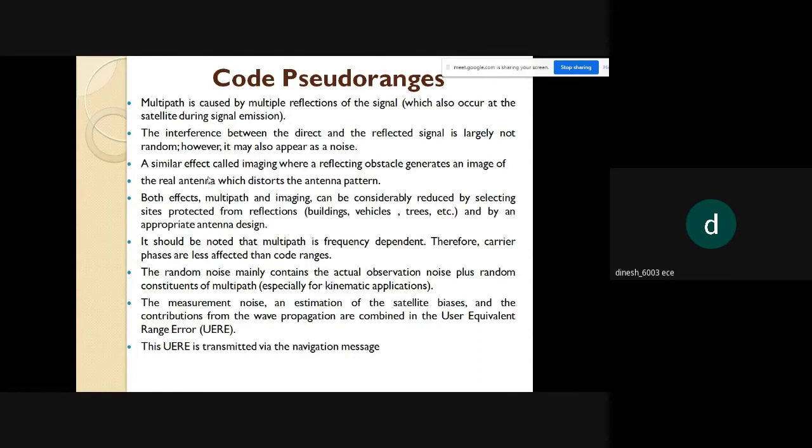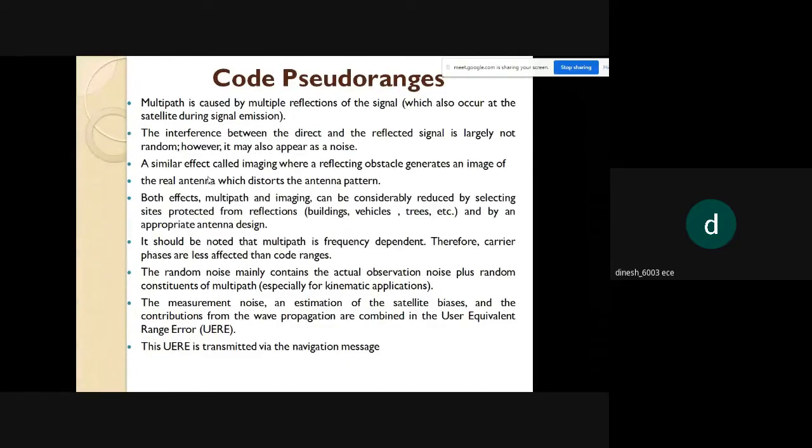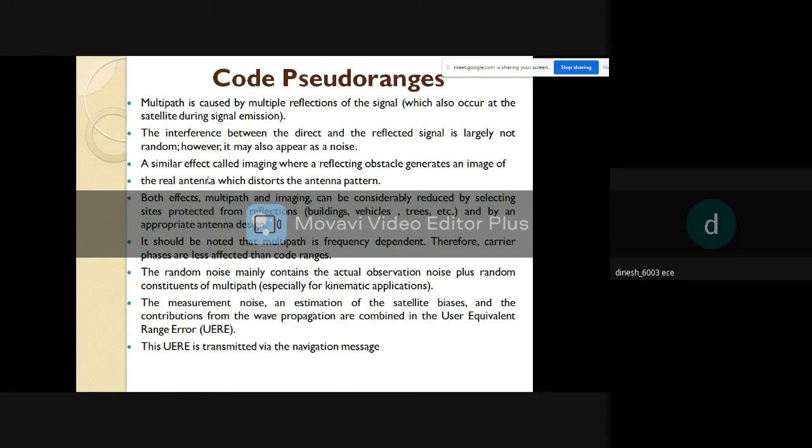So both the effects of multipath and imaging are considered in the selection of an appropriate antenna design when there are reflections from buildings, vehicles, trees, large scale buildings, and so on.